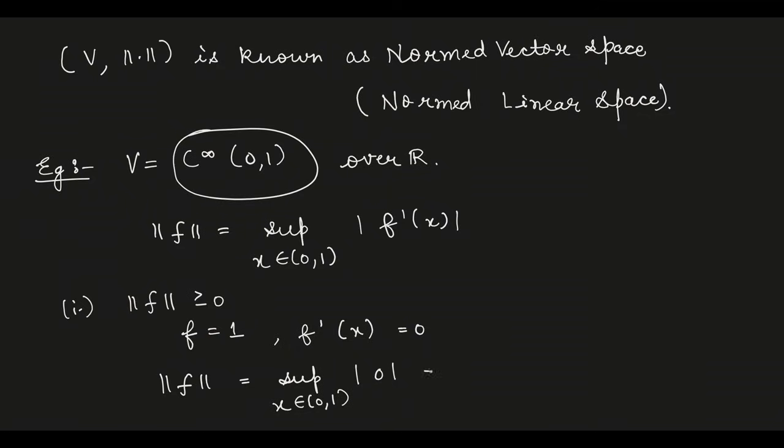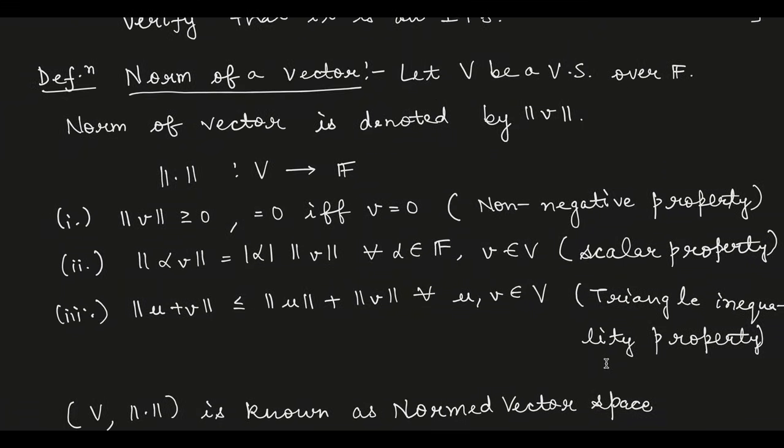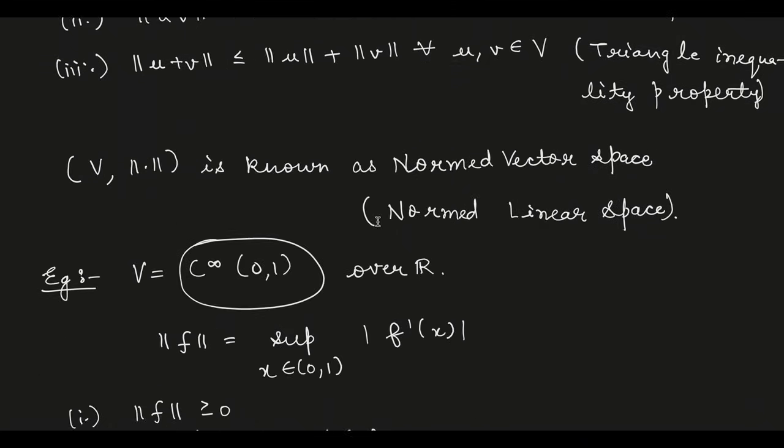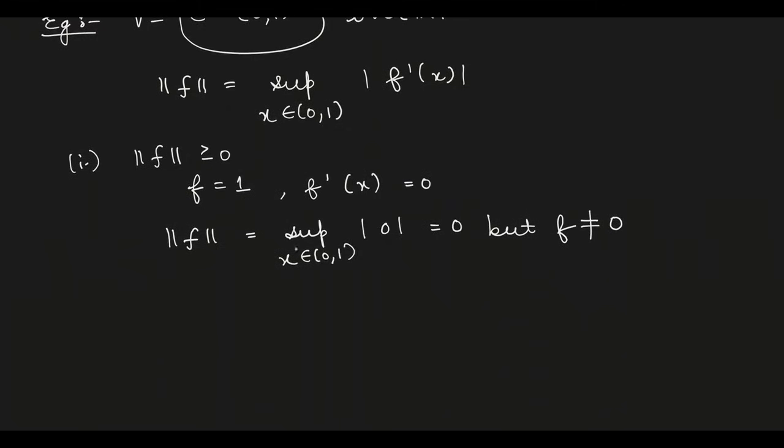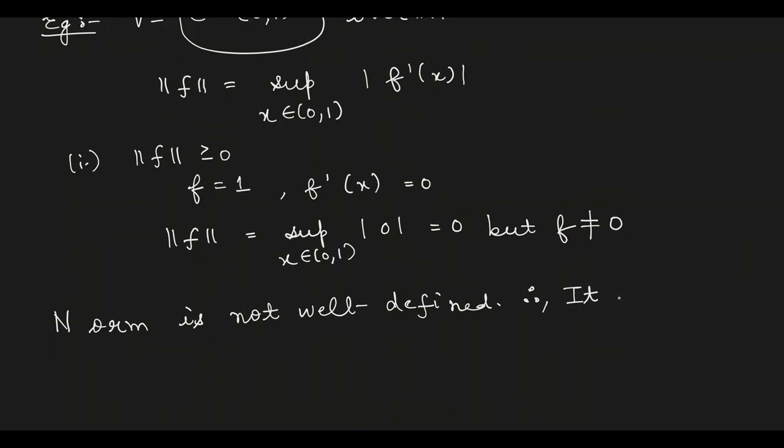So I am getting norm of f as 0, but f is non-zero. Norm of f is 0 if and only if f is 0. So the first condition is violated. Means the norm is not well defined. Therefore, it is not a normed linear space.